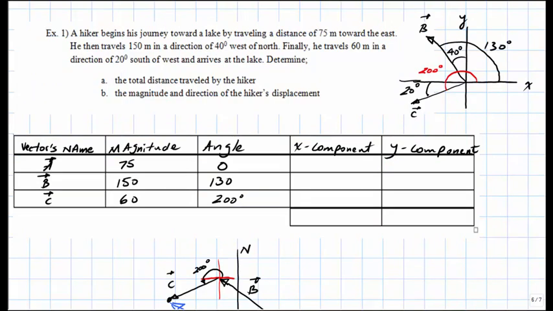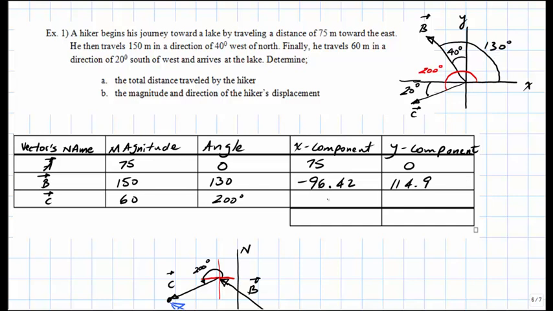Alright, so the value for A sub x, which of course is going to be entered within the x component column, is 75, and the y component is 0. For B sub x, we calculated negative 96.42, and the y component was 114.9.